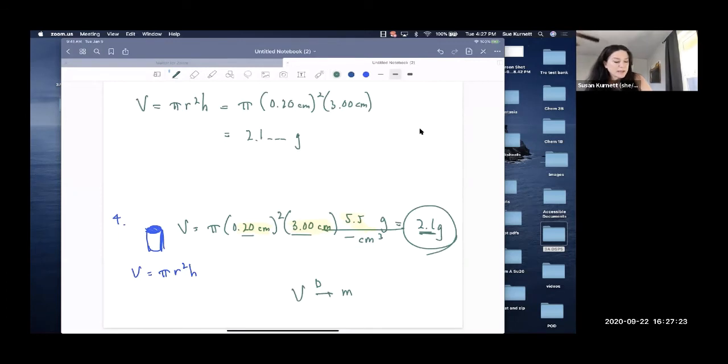That's a volume. And then I came up with a volume that had a lot of sig figs and units that were volume units. And then I say density equals mass divided by volume. So I'm writing the equation with variables and then rearranging to find what you're going to solve for. I'm going to solve for mass. And then plug in your numbers. Get an answer that has a bunch of digits and units. And then round the correct way and box it.